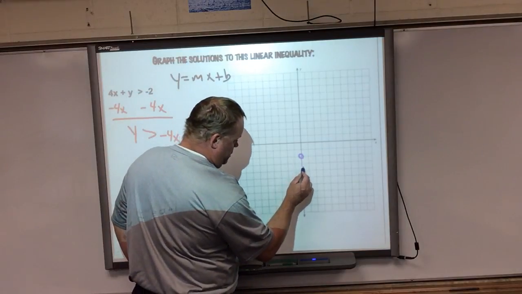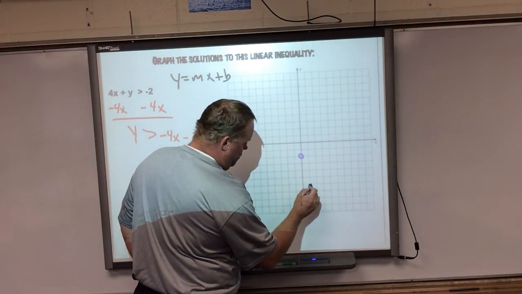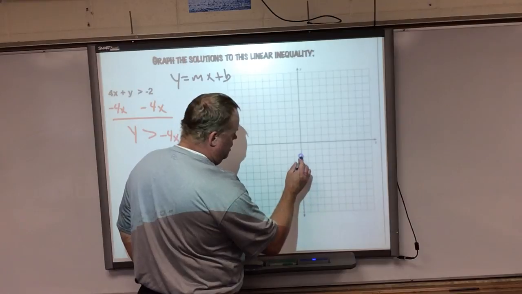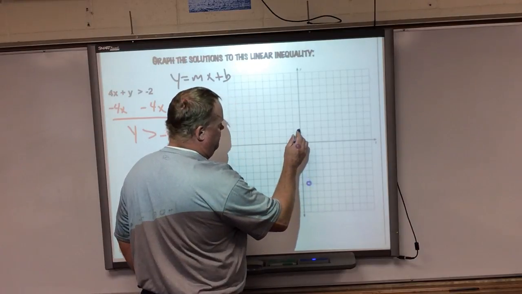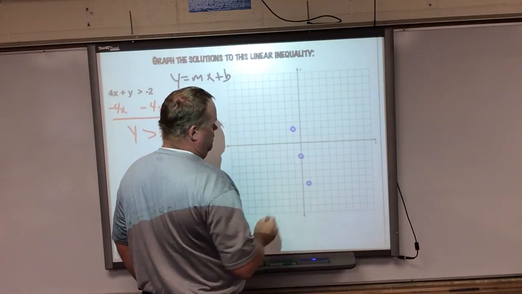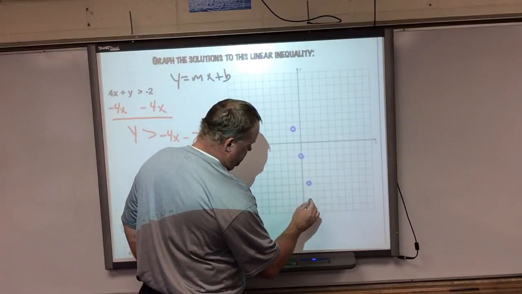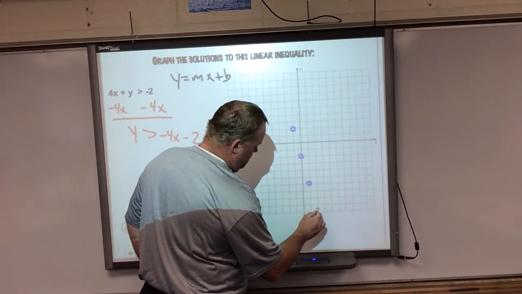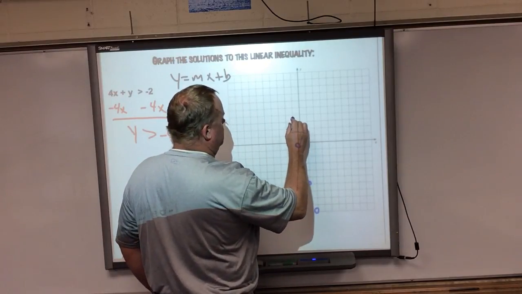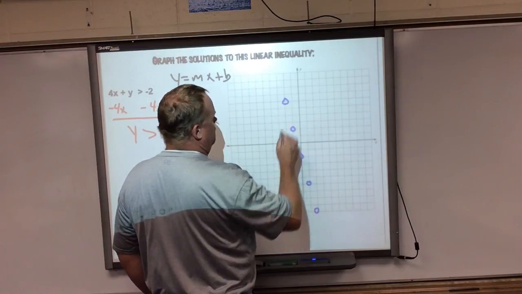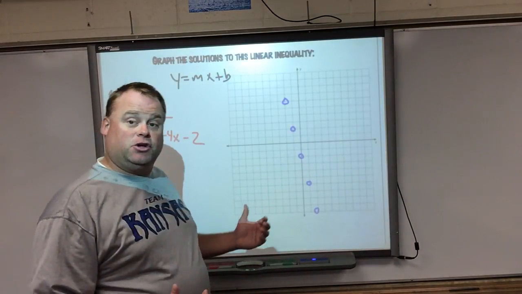Down 4, 1, 2, 3, 4 over 1. Up 4, but left. Down 4, and I can go one more. Now I'm doing this because I'm not using a ruler.